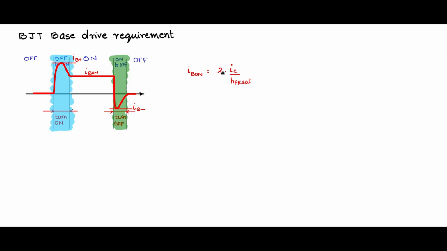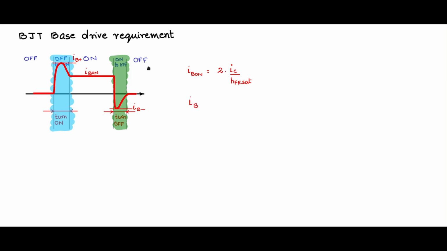When you give 2 times IC by HFE SAT, it is going to drive the transistor into saturation. So you are sure that the BJT is going to be in saturation. This is a thumb rule that normally designers follow: 2 IC by HFE SAT, a good starting value to use.